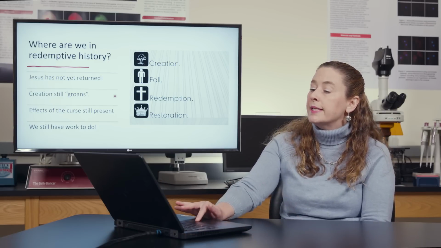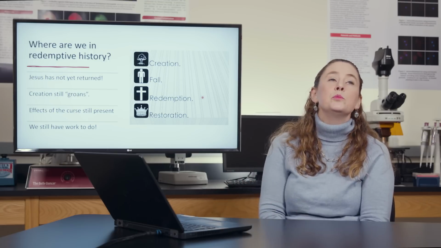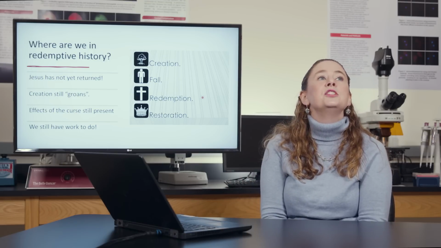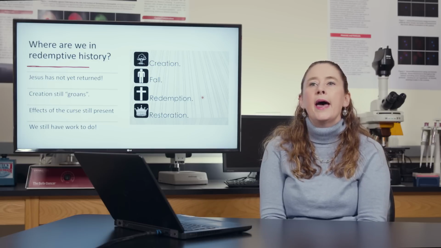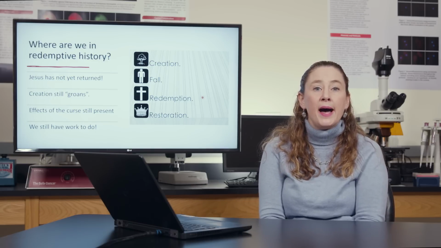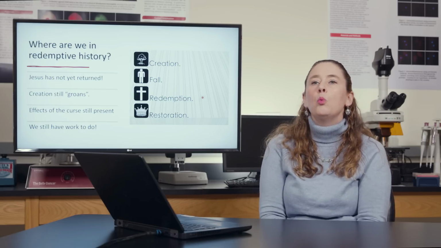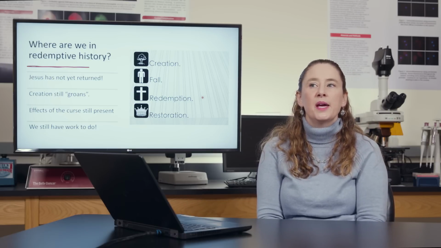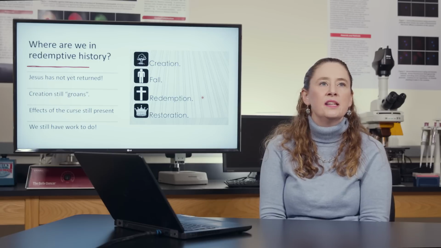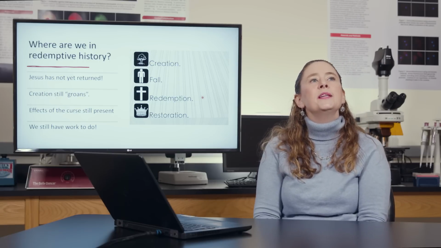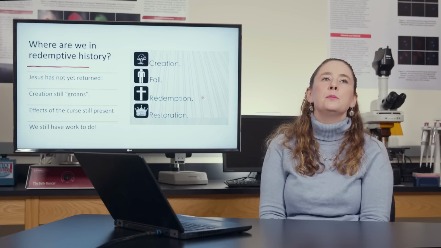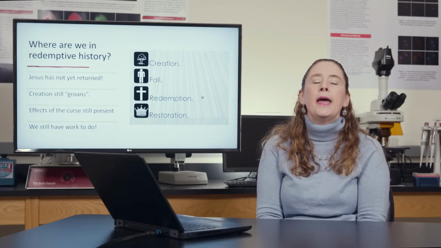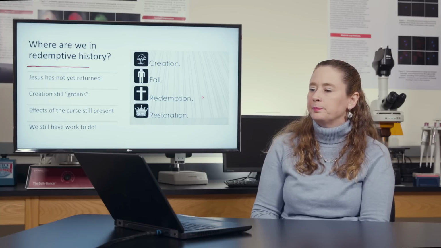We know that Jesus came, and he came to redeem us. But Jesus has not yet come back to restore all things. And until Jesus comes back to restore all things, we still have the dominion mandate that God gave Adam and Eve. In other words, we still have work to do in order to take dominion over creation and to bring redemption.